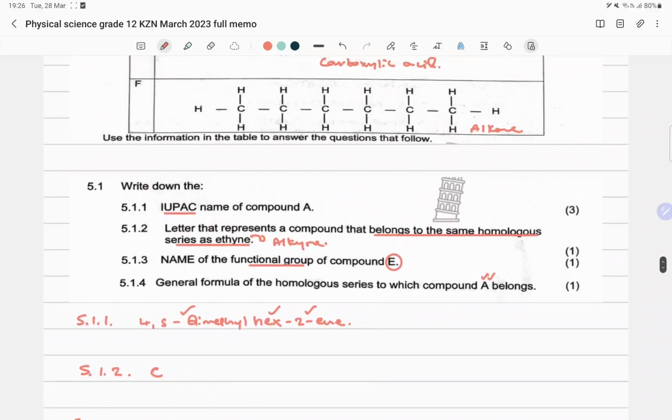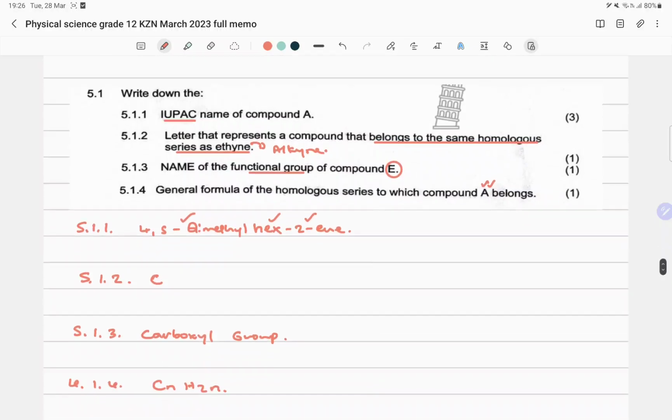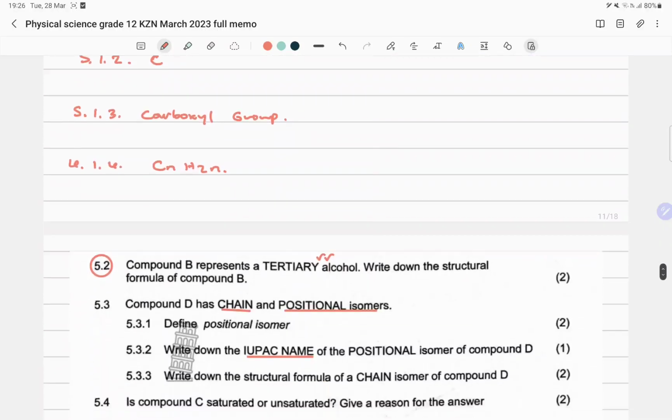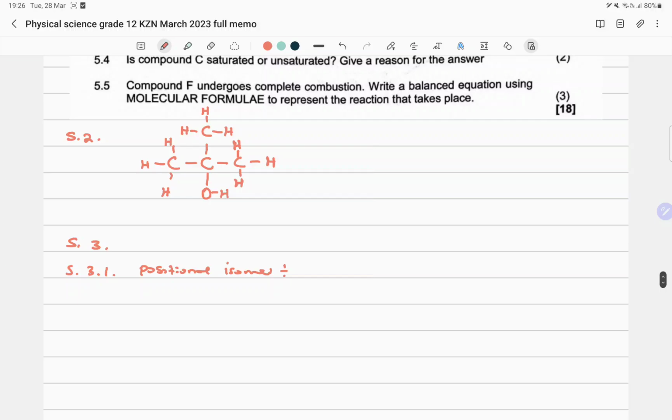Now let's look at compound D. We've got but-2-yne, so it could be but-1-yne.